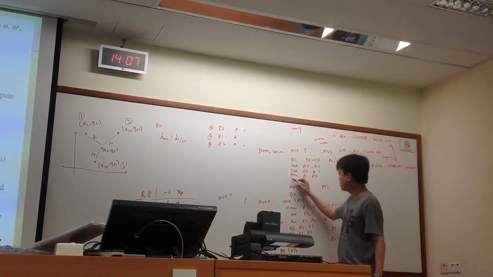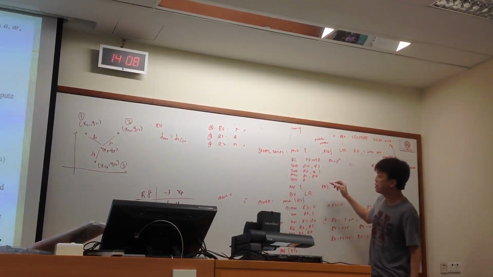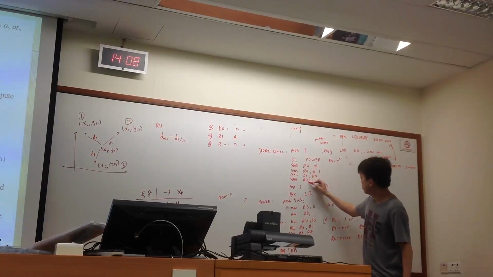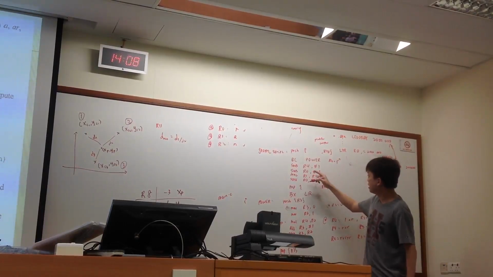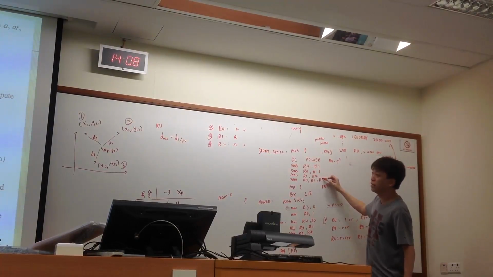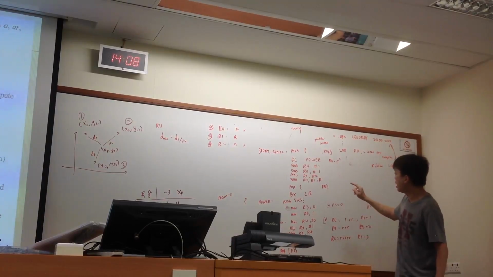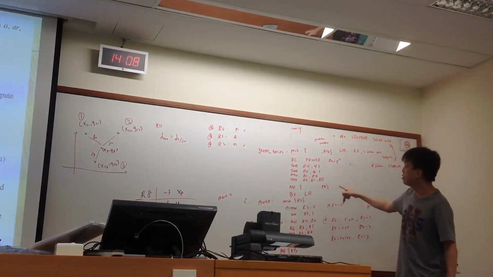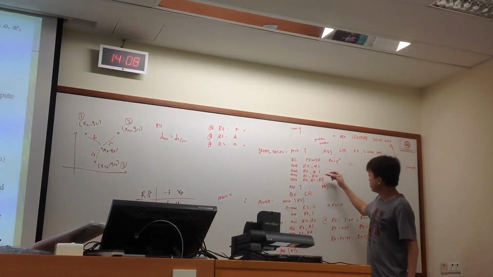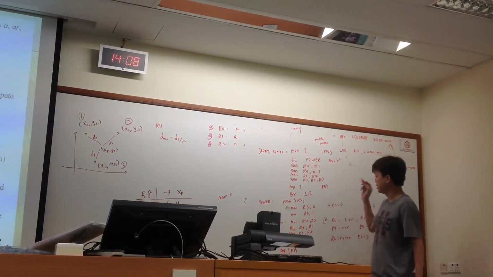Then I signed divide. Numerator is R1. Denominator is R4. R0 is R minus 1. R4 minus 1 multiply R1. Yes. Then I pop back.